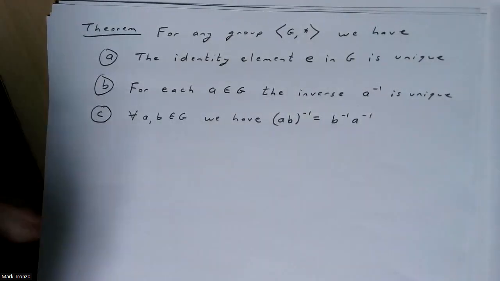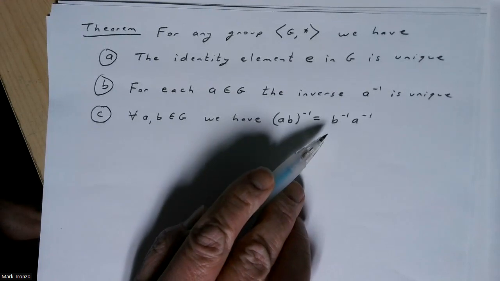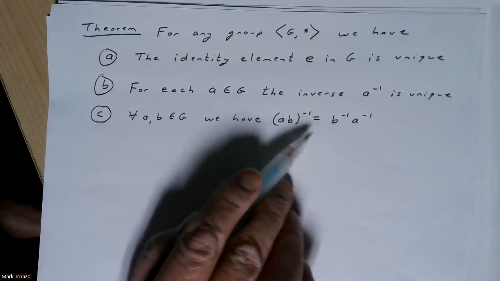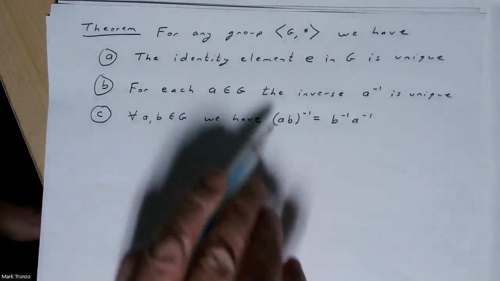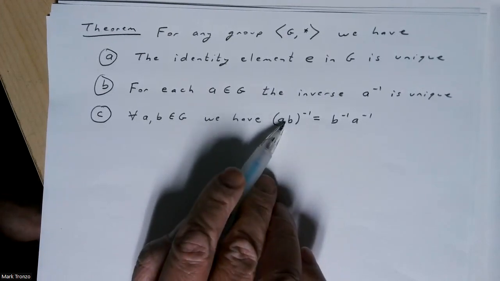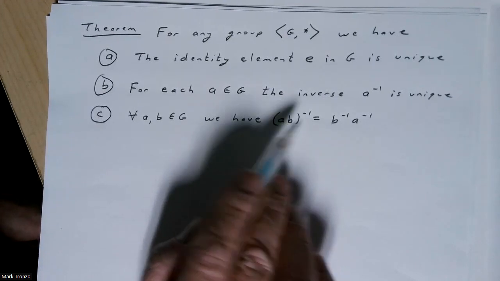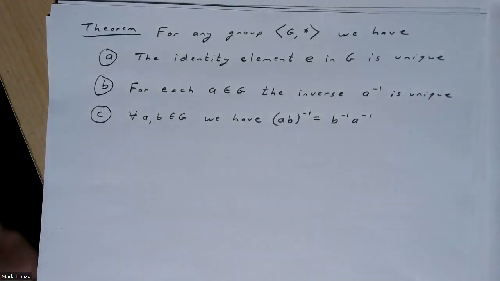Now I've left the operation, the star, off here just to keep it simple, so the notation doesn't get too messy. This would really have a star here, and this would have a star here. Now let's see if we can prove these.